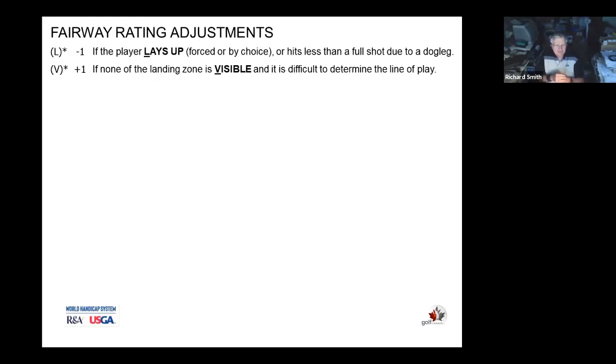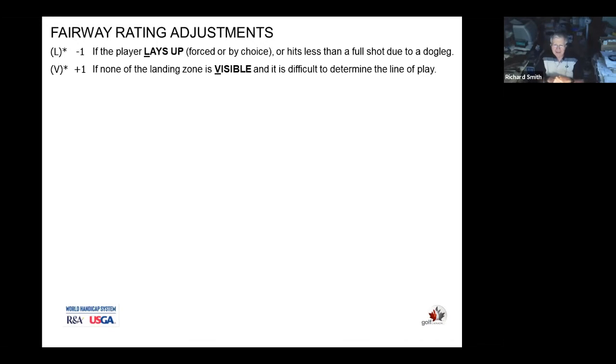Consider this situation. You're going over a hill, but you're on a hole which has been cut out of tall trees. So you can see on your right and your left where the lines of trees are going. So you can still determine the line of play, even though you maybe can't see the land itself.